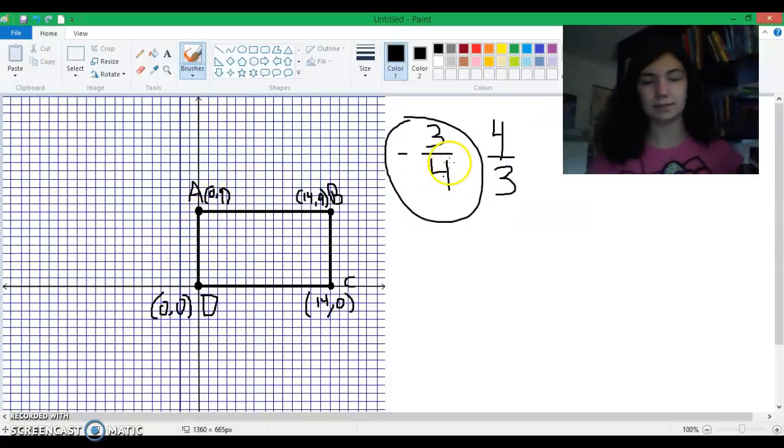In this case, if we were to do negative 3/4, the dilation would be found right here. So that's what the positive or negative means. If it's positive, it will stay in the same coordinate plane that it was originally placed on. And if it's negative, it will be somewhere else.